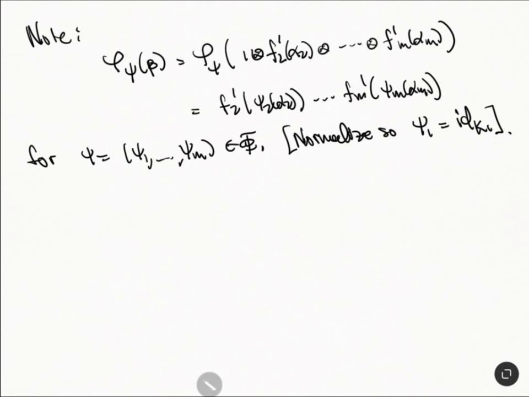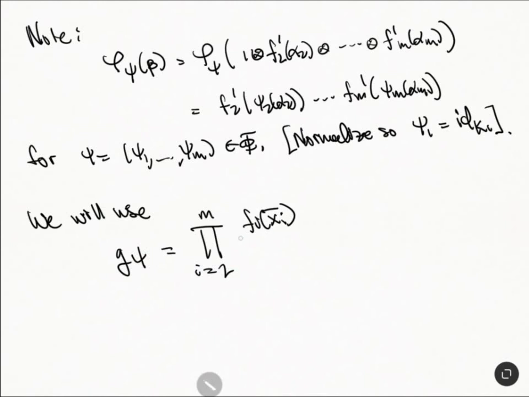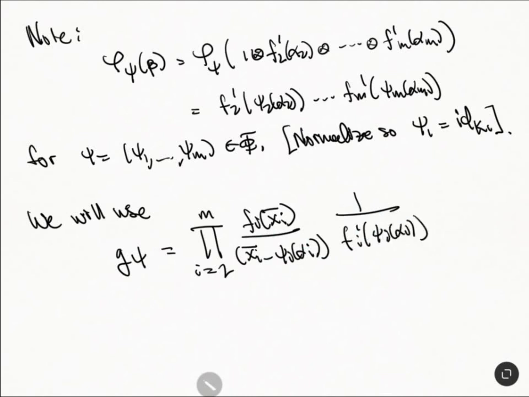The other thing that we will use is the following presentation for the idempotents. Now I'm going to write it out in terms of the embeddings: f_i, x_i bar. The bars again denote that I'm considering things in the quotient. Then I have 1 over f_i prime psi_i alpha_i, and psi again runs like this.